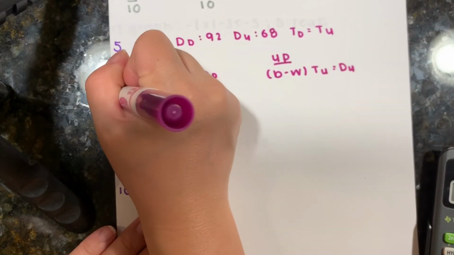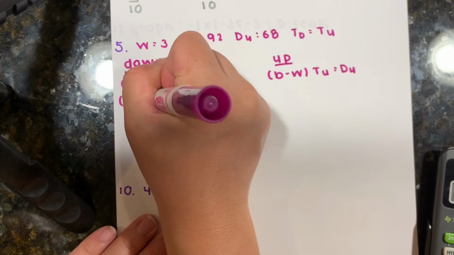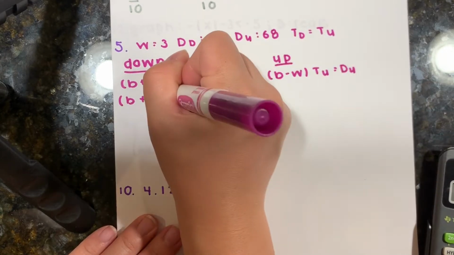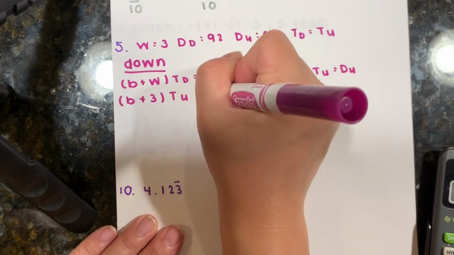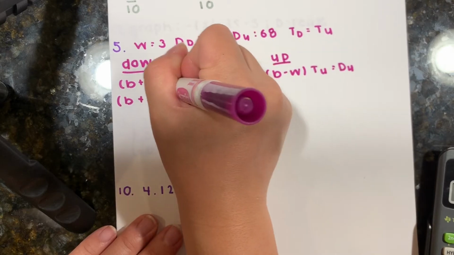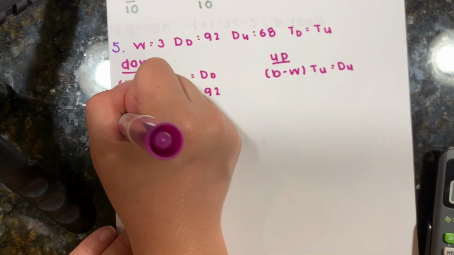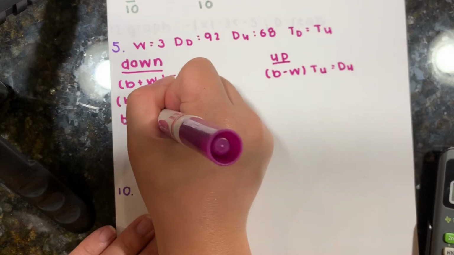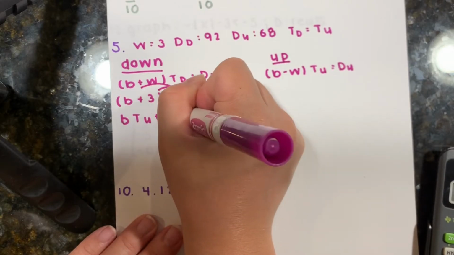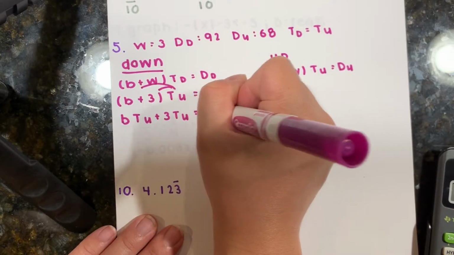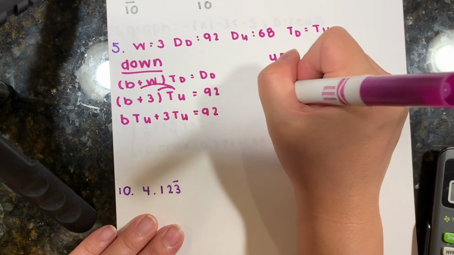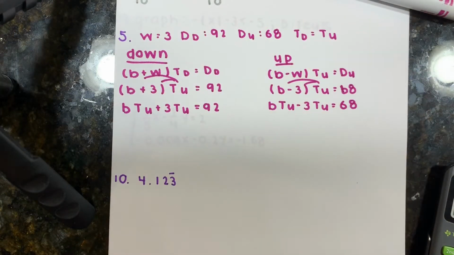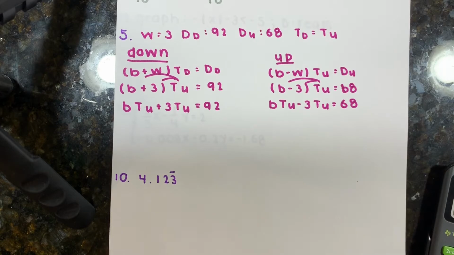So I don't know what B is, but I do know what W is, 3, and TD is equal to TU. DD is 92. I'm going to distribute the TU, so I have B TU plus 3 TU equals 92. The other equation I have now on number 5, so we currently have BTU minus 3TU equals 68.